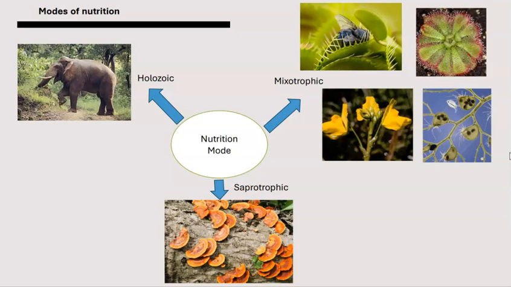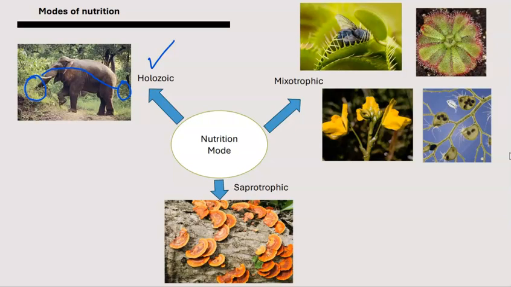The first mode of nutrition that we want to consider here is Holozoic nutrition, in which an organism consumes food, it passes through a digestive system to be eliminated with the waste product.